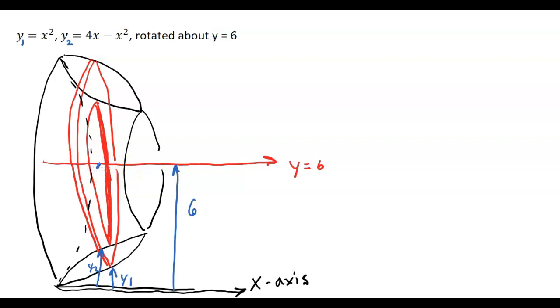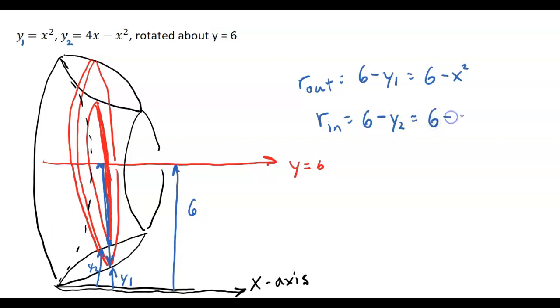It's going from the axis of rotation down to y1. So our outside radius is 6 minus y1, which is 6 minus x squared. Our inside radius is going from the axis of rotation to y2, so that's 6 minus y2, which is 6 minus 4x minus x squared, which is x squared minus 4x plus 6.